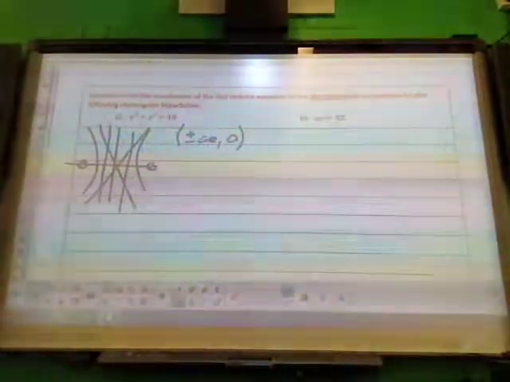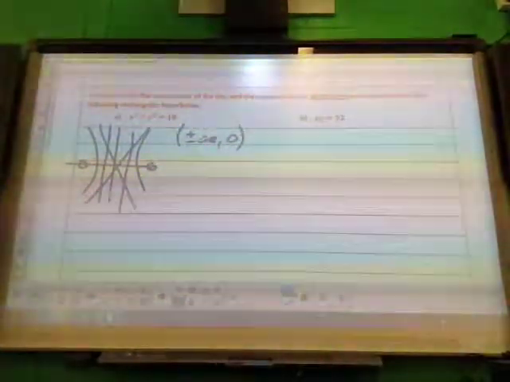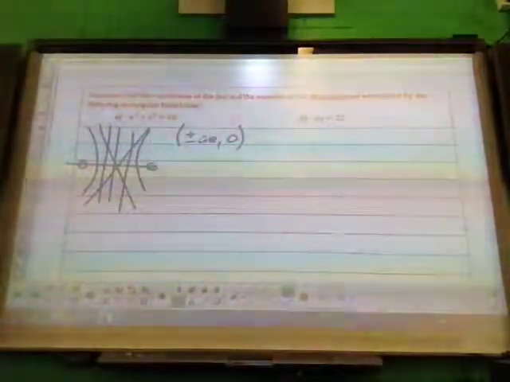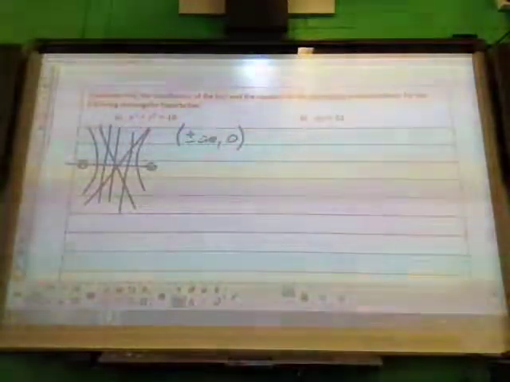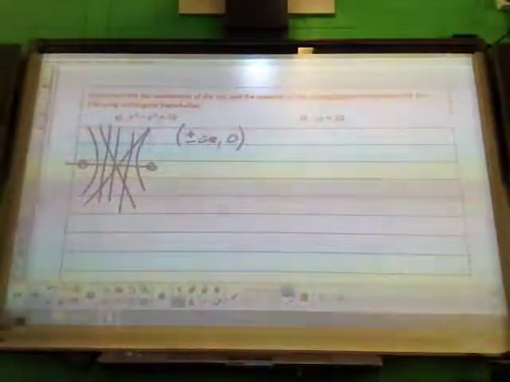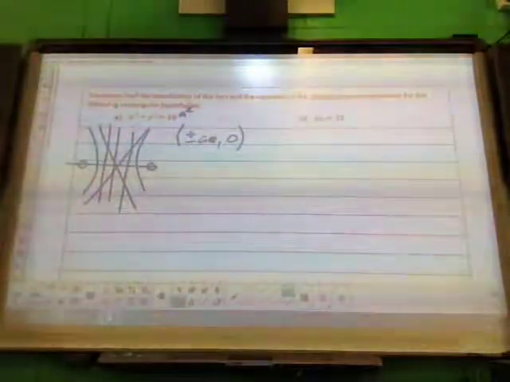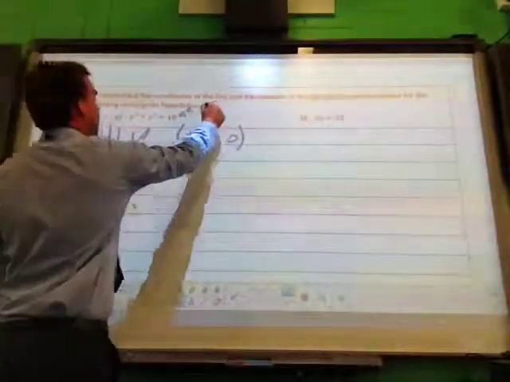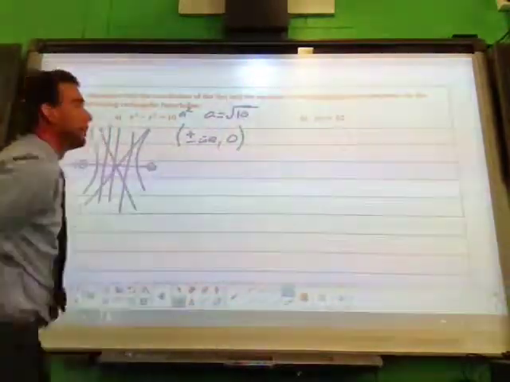E is root 2. A is? x squared take away y squared equals a squared. So x squared take away y squared is a squared, and that's where you get your a from. Right, so a is going to be the square root of 10.